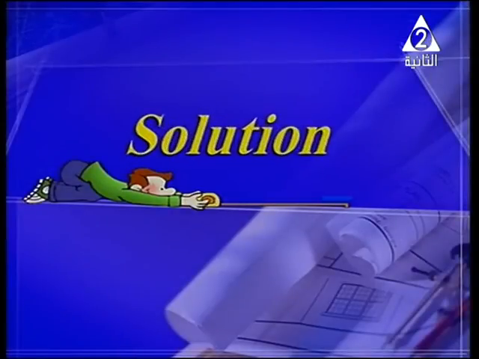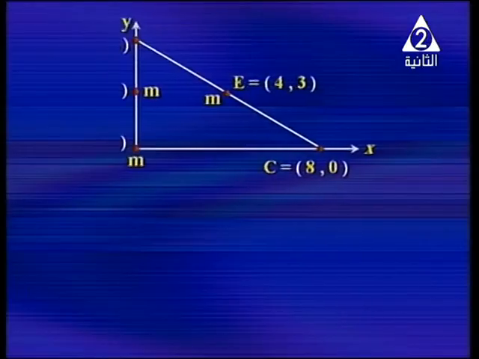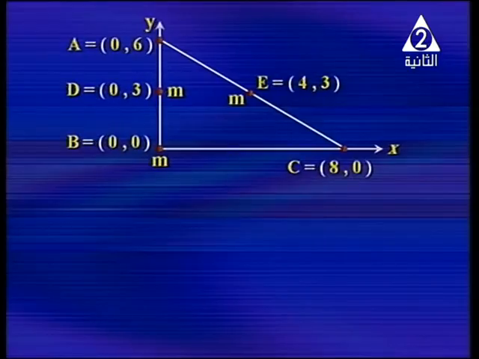Solution. Dear student, look at, we have triangle ABC, this right angle triangle. Look at the three equal masses at B, D, and E. Point A is 0, 6. Point B, 0, 0 is the origin point.